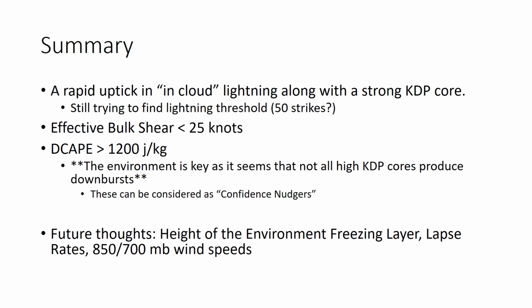So perhaps the downburst is happening in between all of the radar scans. So there are obviously quite a few unknowns that I still have. As I said, you can pretty much take all of these as a confidence nudger if you are working a radar shift.